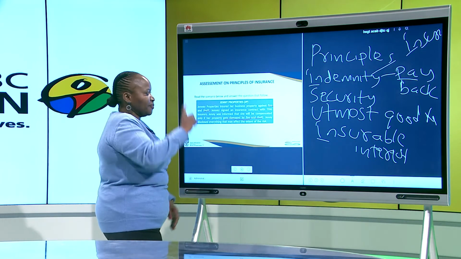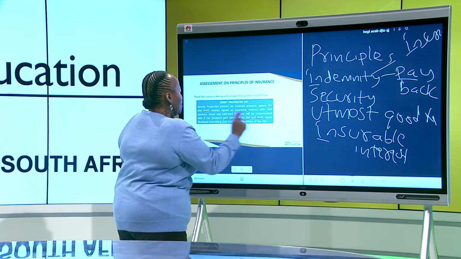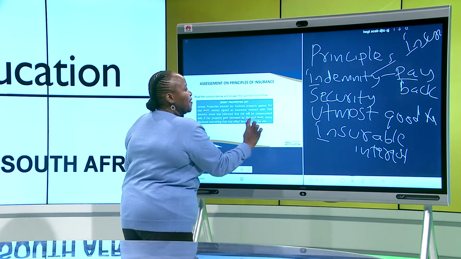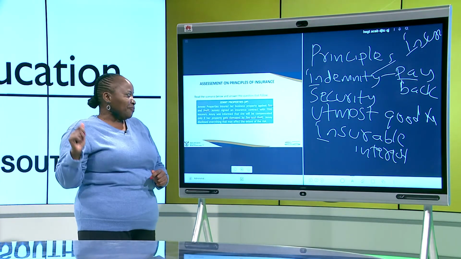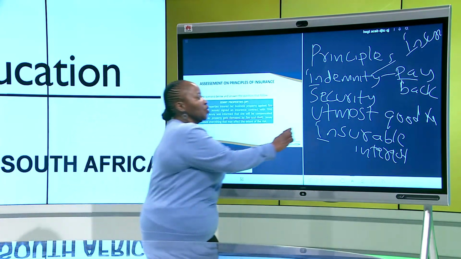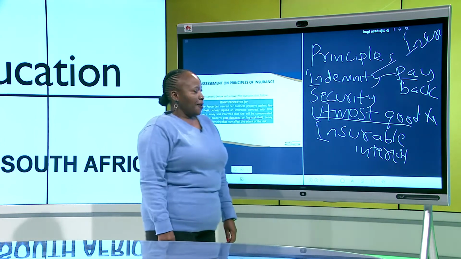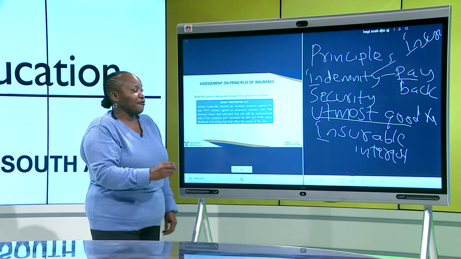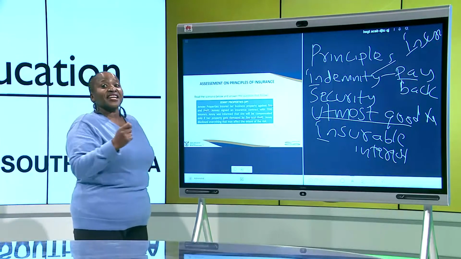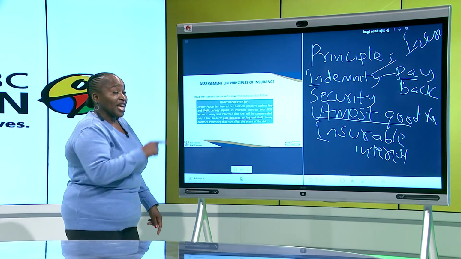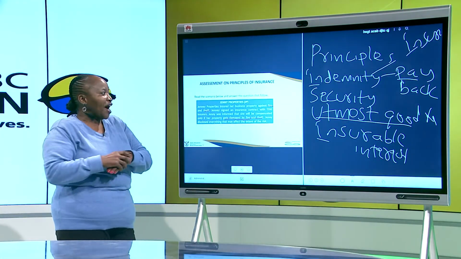That is the principle of indemnification. Jenny also disclosed everything that may affect the extent of the risk. What principle is that? Utmost good faith. Because Jenny revealed everything, gave all information regarding the extent of risk. So the principle that applies here will be the principle of utmost good faith.